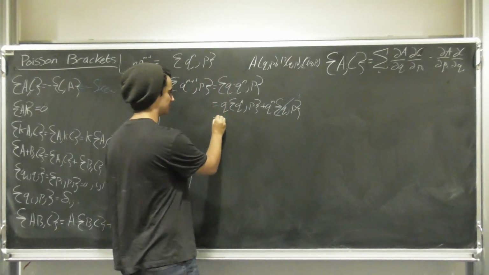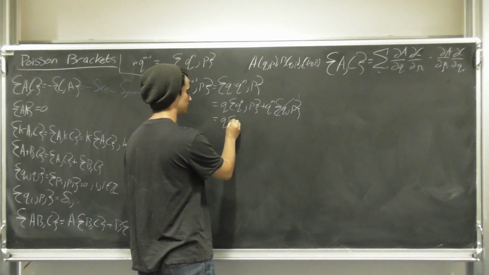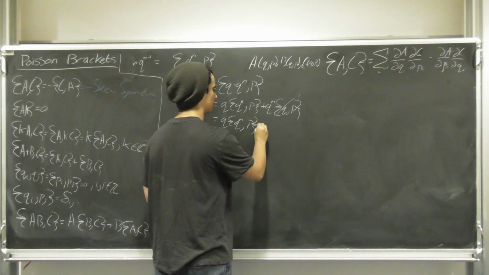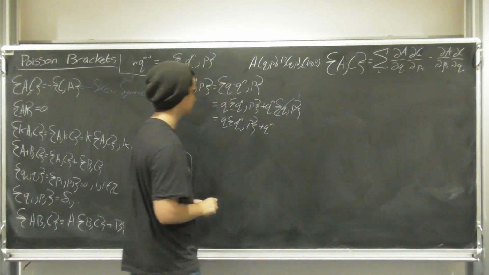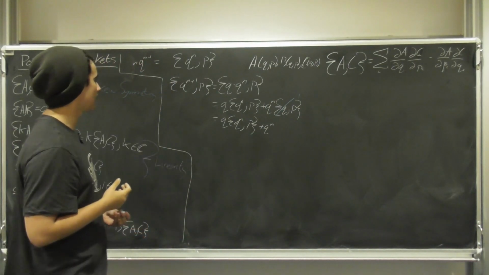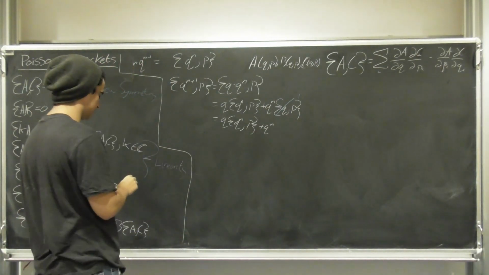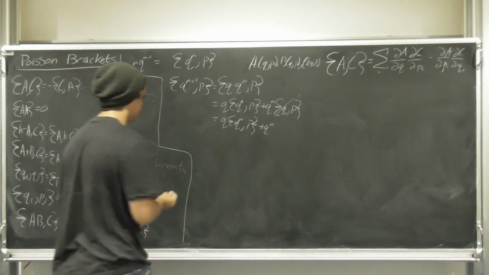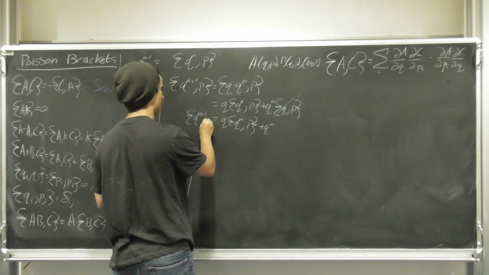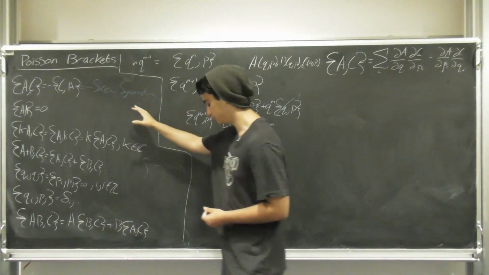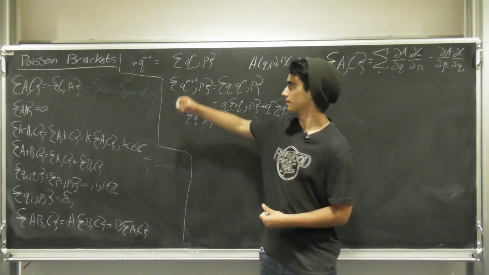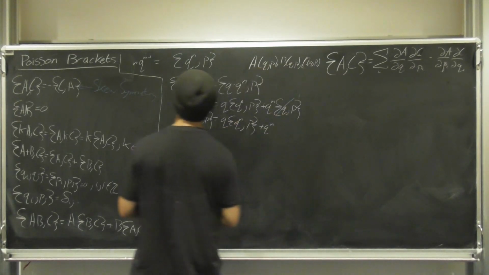So this is equal to q times the Poisson bracket of q to the n with p, plus q to the n. Now that we have this association shown with our toolbox, let's use our hypothesis up here and show that we get the same thing.